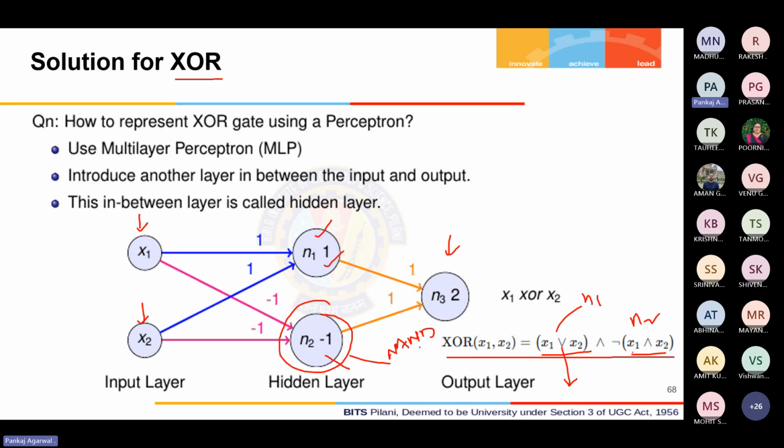You will see later why this combination works. The first hidden neuron does OR, the second does NAND, and the output layer does AND of OR and NAND. With this combination of weights, we would be able to solve this particular problem. How, I will show you.